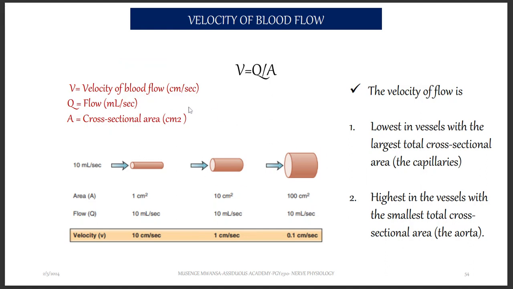Velocity at which blood is flowing can be given by the flow rate divided by the cross-sectional area. Because cross-sectional area is in the denominator, it is inversely related to the velocity at which blood is moving.